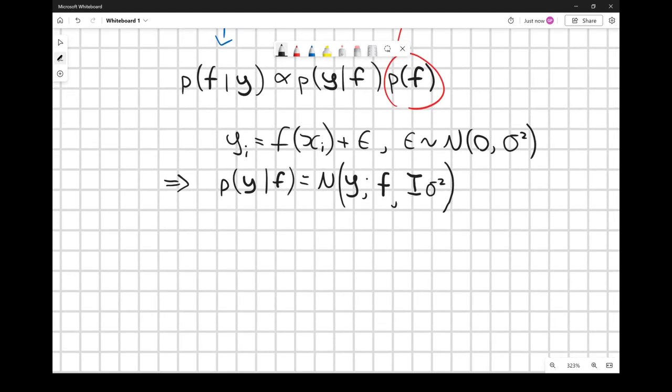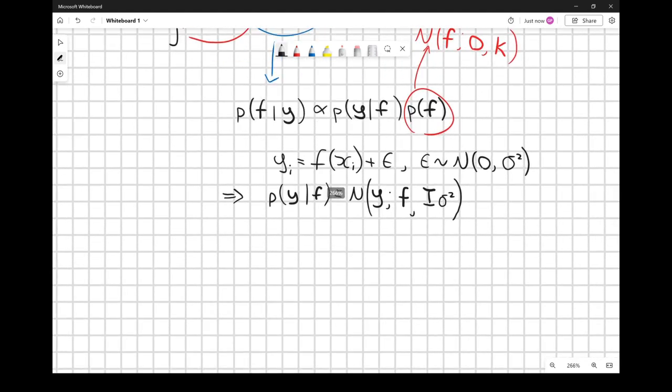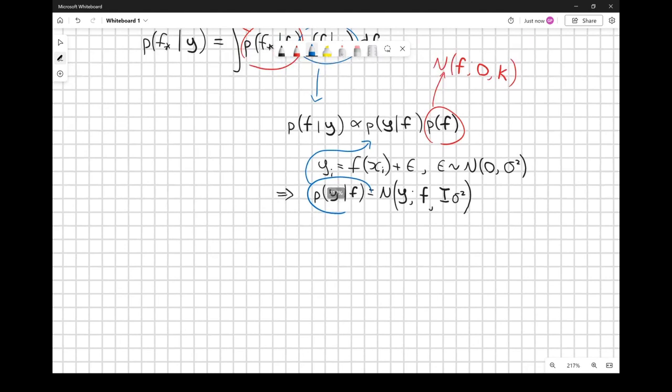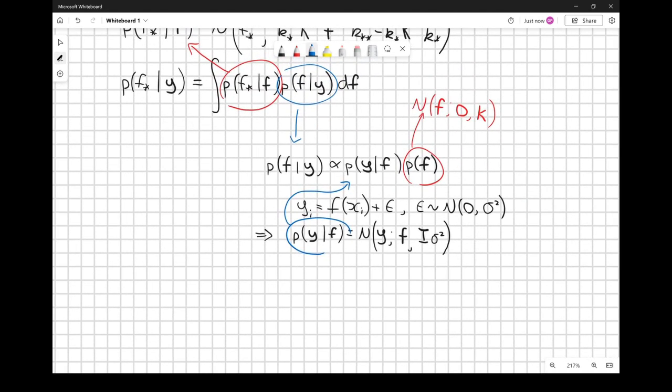So once we have both of those, we won't go into it now because we won't learn much from doing it, but these are both Gaussian distributions. You can evaluate Bayes' theorem in closed form, and you can get a closed form solution for the probability of f given y, and this is also Gaussian.